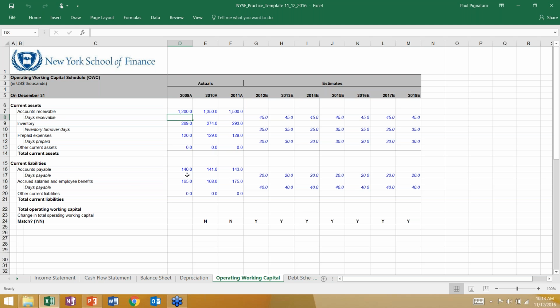For example, accounts receivable is the revenue that we did not yet collect from the customer. If you've booked revenue, you may have received that revenue in cash, or you may not have. If you didn't receive that revenue in cash yet, that becomes accounts receivable. So accounts receivable is very much related to revenue.